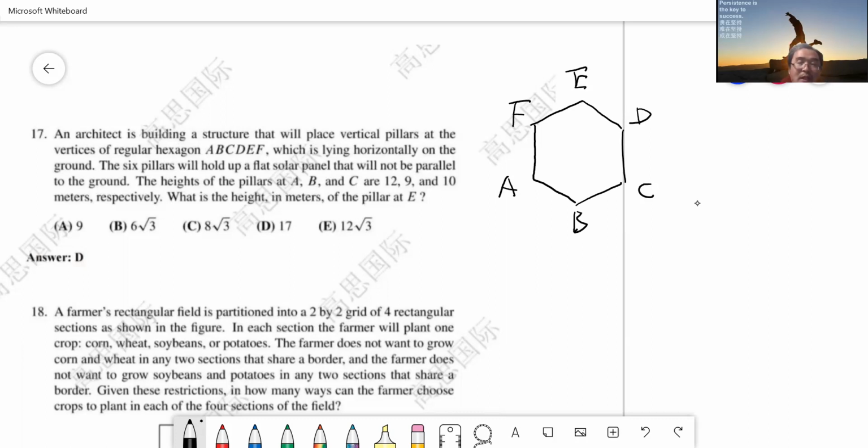So here we're going to have a 12. Suppose here at B we have 9. Then we have 10 at C. Right. So the question asks us what the pillar at E is.